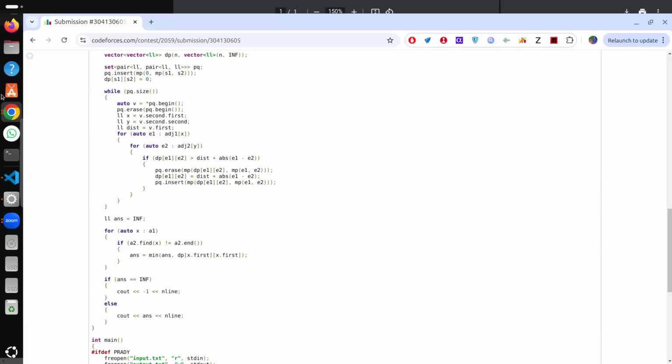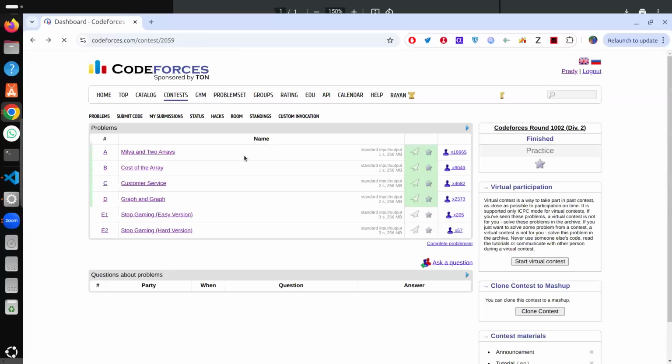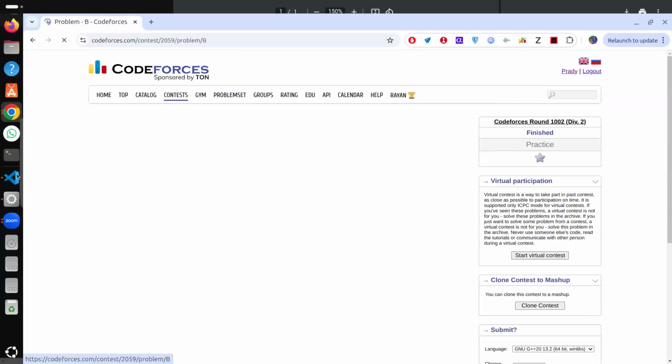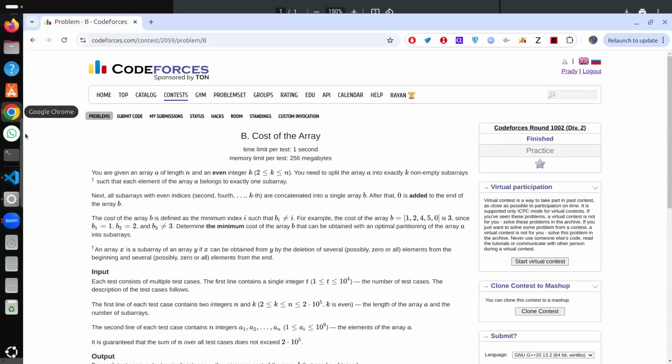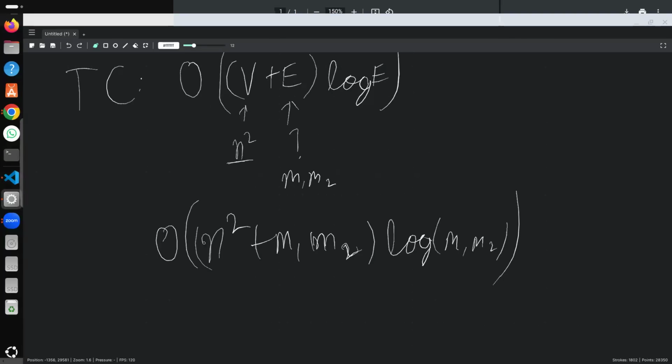Explain B code. Okay, sure. B was okay. This one, right? So the logic was that I need to check, see, I think you would be checking the n not equal to k case, right? Just when n is not equal to k.